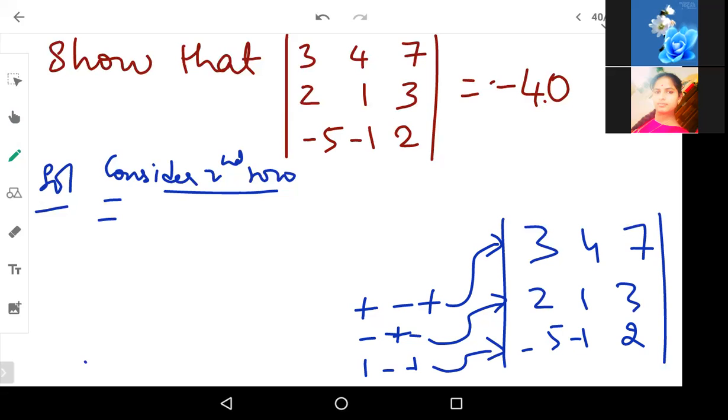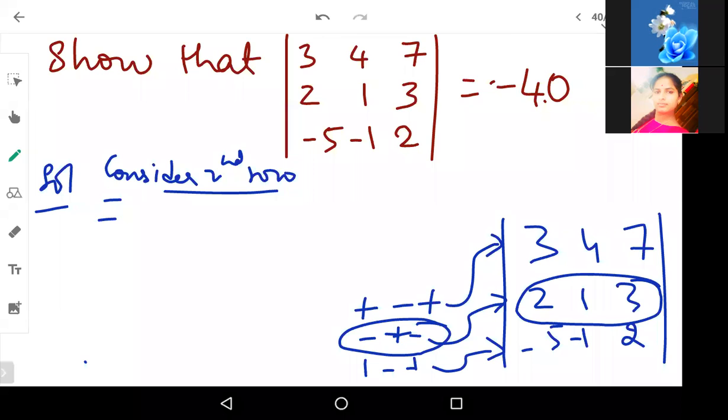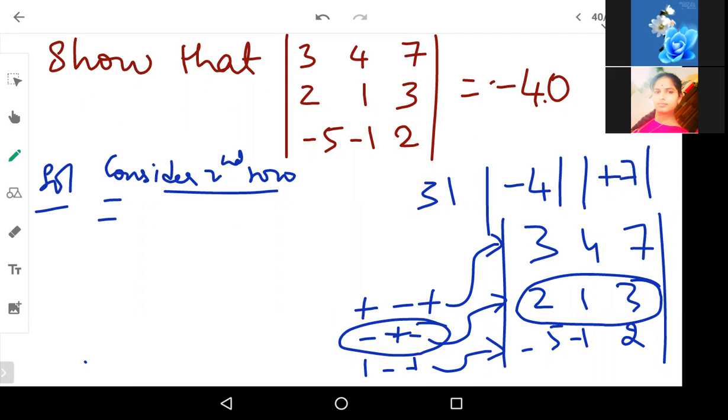Correct? Now since I am considering the second row as the base, I will take the second row positional signs, which is important. When we were taking the first row, we used to take 3 and then the minor, then minus 4 and the minor of it, and then plus 7 and the minor of it. Correct?